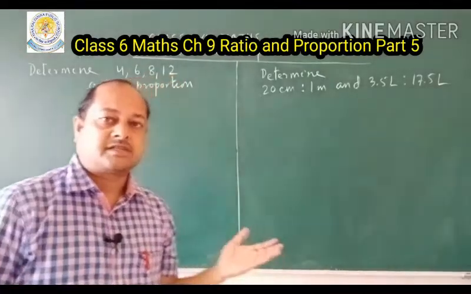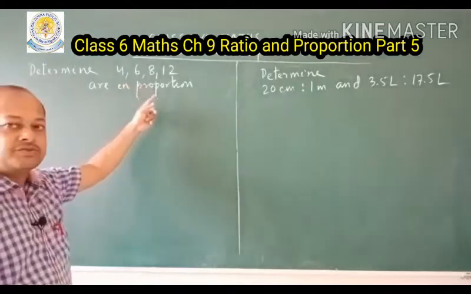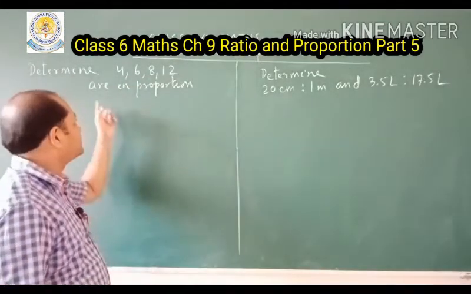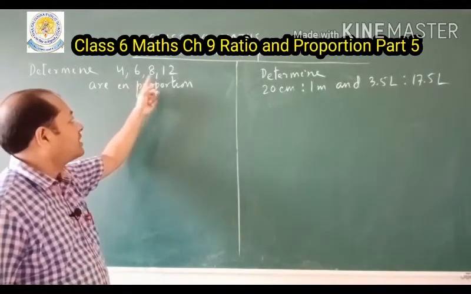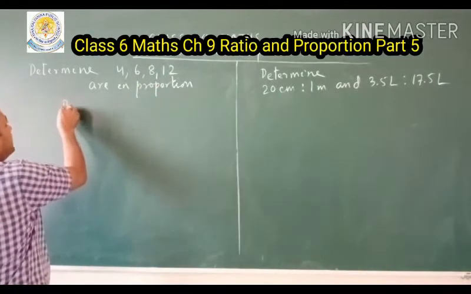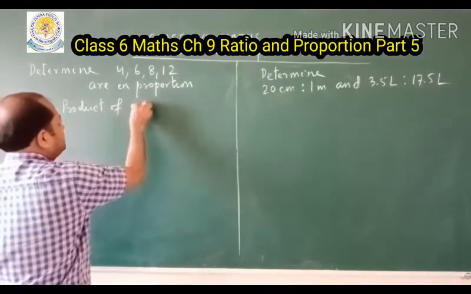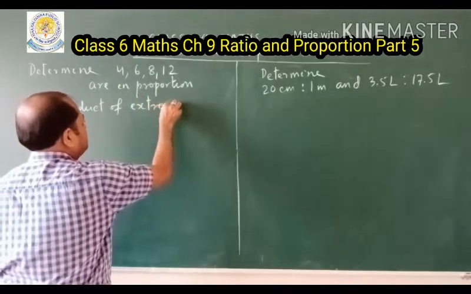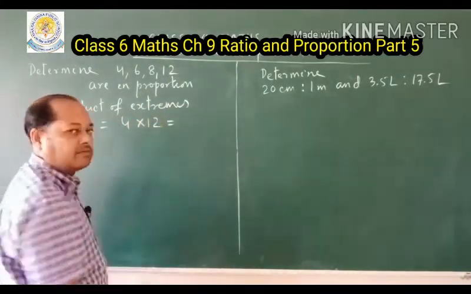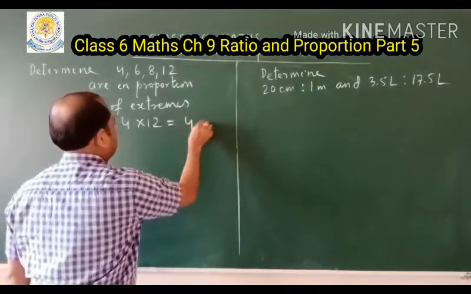Okay, now let's check 2 more questions. Determine whether 4, 6, 8, 12 are in proportion or not. Okay, so what are the extremes present here? 4 and 12. Let's multiply. Product of extremes equal to 4 into 12. 4 into 12 is how much? 48.